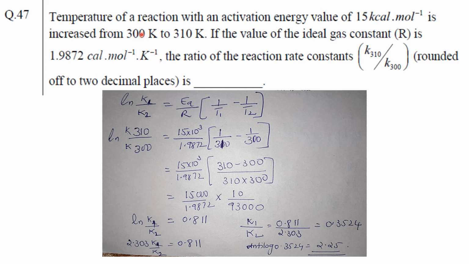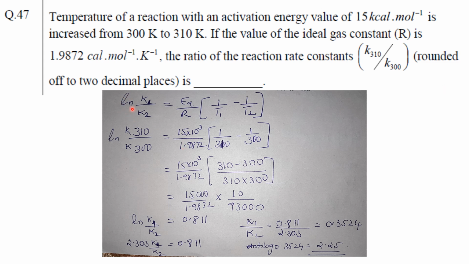Then next one, the temperature of a reaction with an activation energy value of 15 kilocalories per mole is increased from 300 to 310 Kelvin. If the value of the ideal gas constant is this, the ratio of the reaction constants K310 by K300 is.